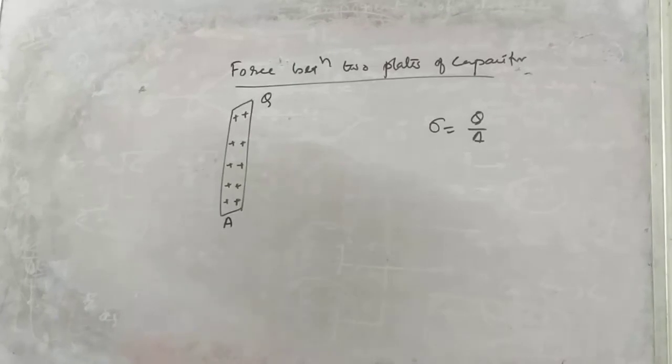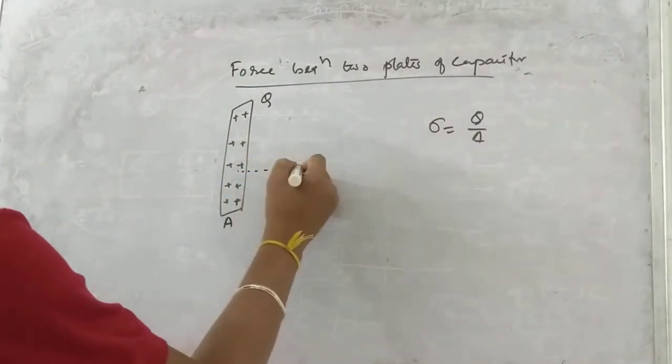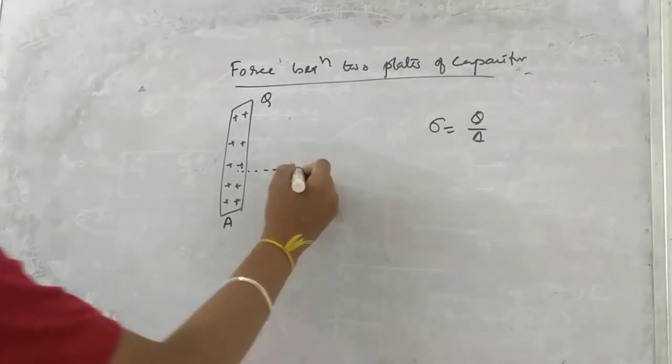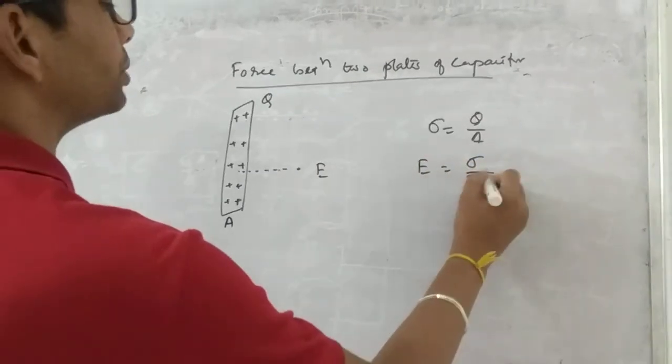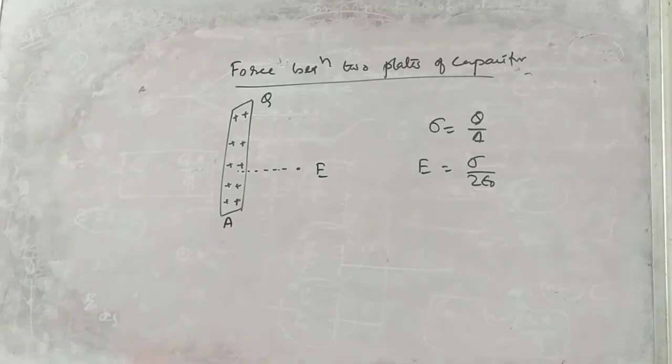We already understand that for a sheet of charge, the electric field at a small distance in front of it is E equal to sigma by 2 epsilon naught.